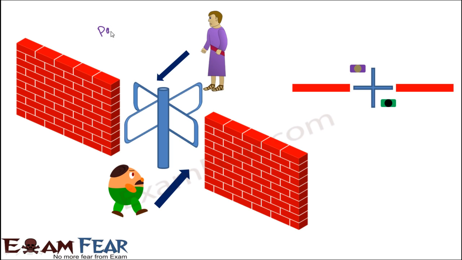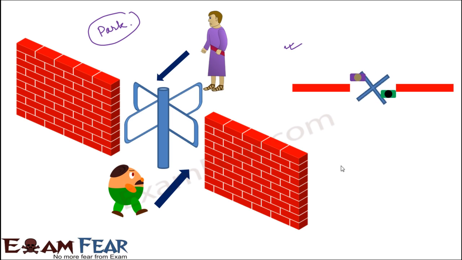Let us suppose this is the inside of the park. So this man wants to go inside the park and this man wants to come outside the park. Now there is just one gate and this is rotating. So the blades are rotating here. So just this pictorial representation here will help you to understand how it happens. So if you see, when the gate rotates, it allows one person to go in and the other person to come out. So if you want, you can see it once again.